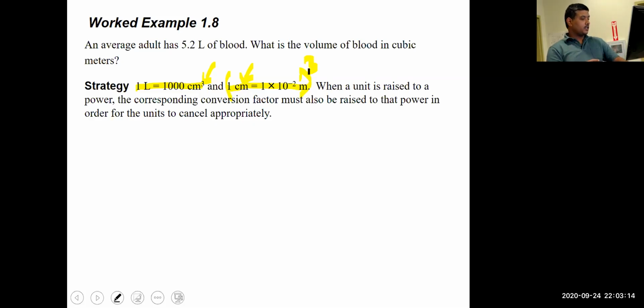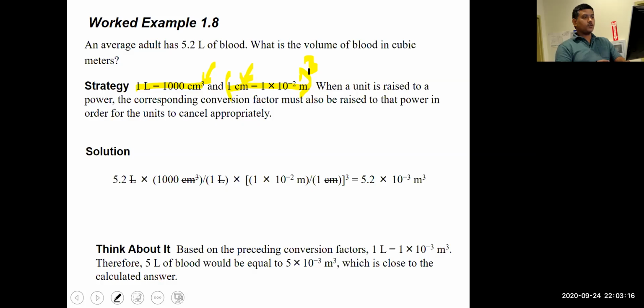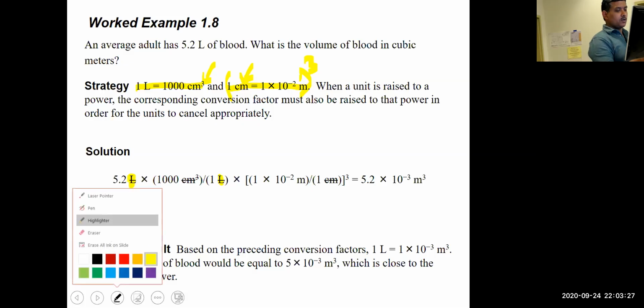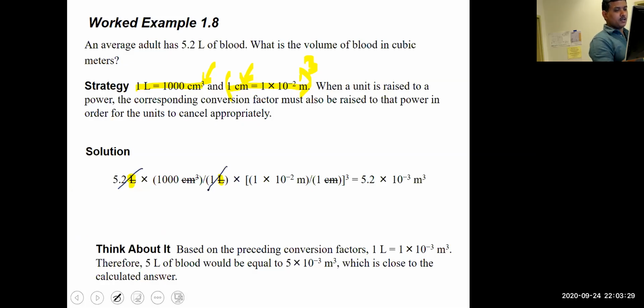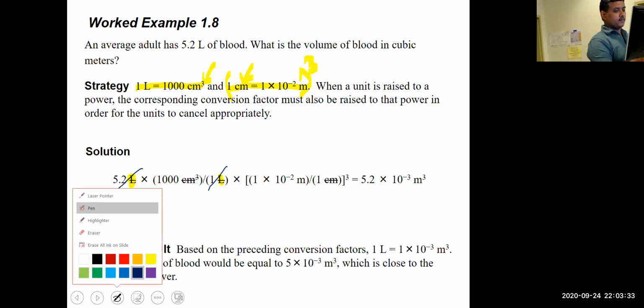All right, let's arrange the problem to solve it. So let's multiply 5.2 liters with a conversion factor that has liters at the bottom, because the given unit is liters, so that you can cancel these units like this. What you end up with is centimeter cubed.